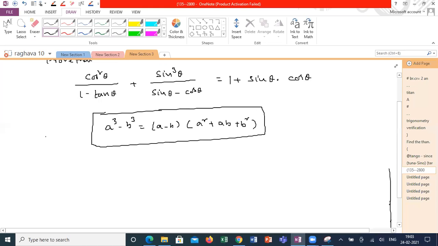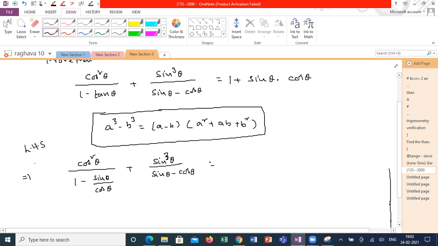See, I'm converting everything into sine and cos. Except tan, everything is already sine and cos. So converting this one, 1 minus sine theta by cos theta plus sine cube theta divided by sine theta minus cos theta. This is my LHS.